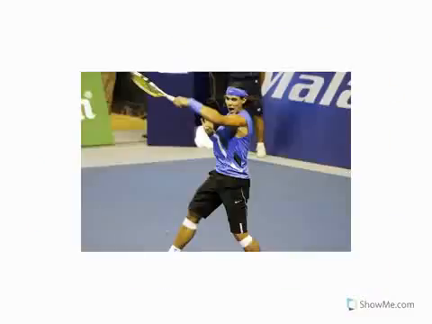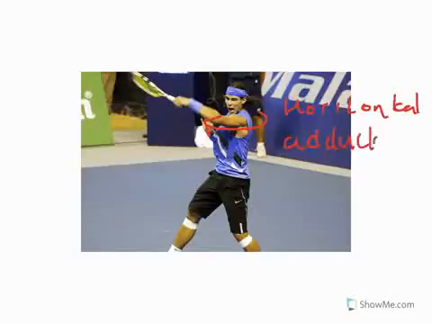So if we now have a look at this example of Rafael Nadal hitting a forehand in tennis, we could describe the position of the shoulder as it currently is viewed as in the flexed position. But what we would say more accurately is that the shoulder has moved in this direction, and we would of course call that horizontal adduction, because it has moved from a position of abduction towards the midline of the body.